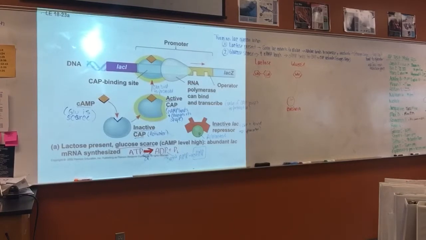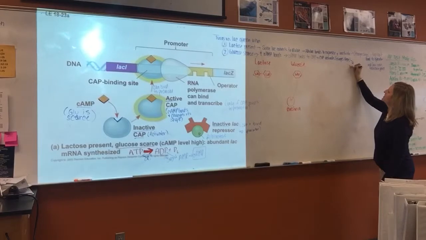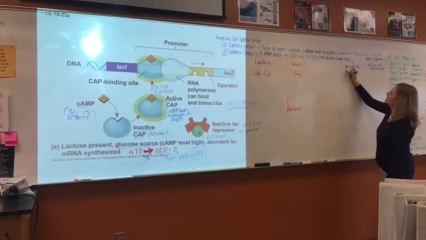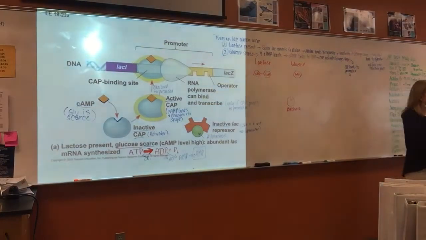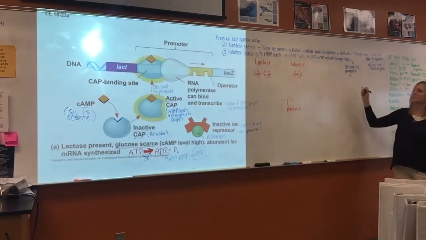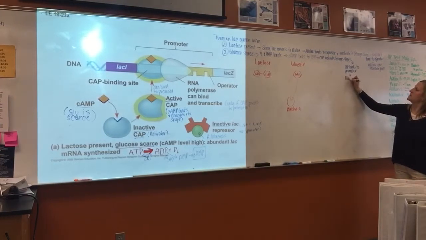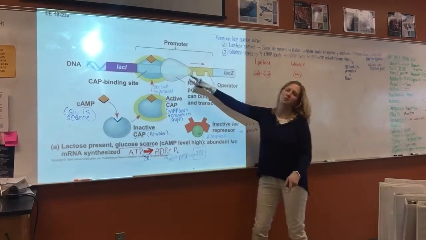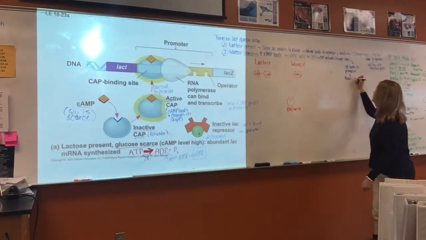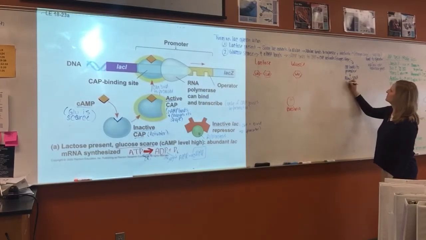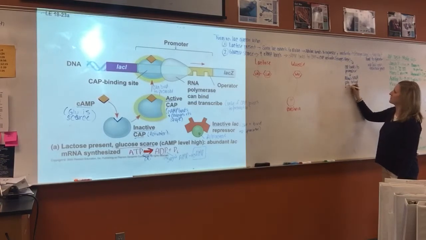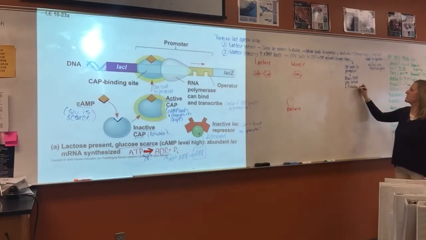What does it do next? Yep, so now CAP binds to the promoter. And what does that allow to happen? It allows RNA polymerase to bind and transcribe the genes.